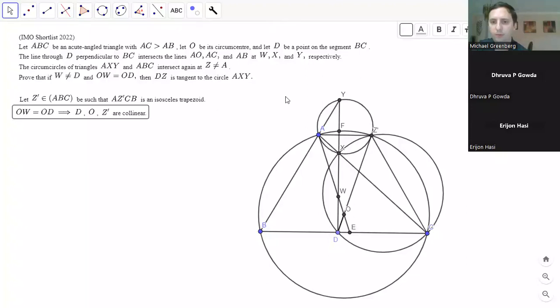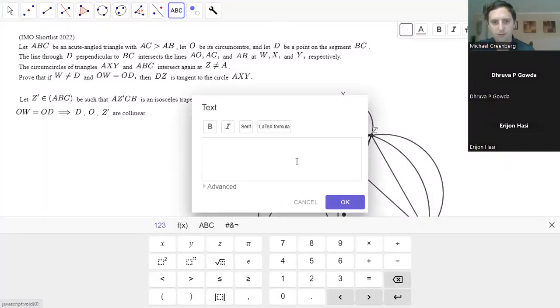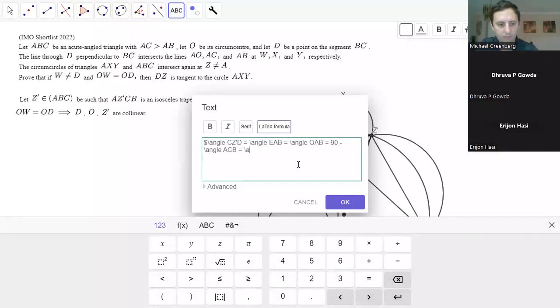Okay, so then first we try to show this is cyclic. So we have C, Z prime, D, EAB, which is angle OAB, which is 90 minus ACB.